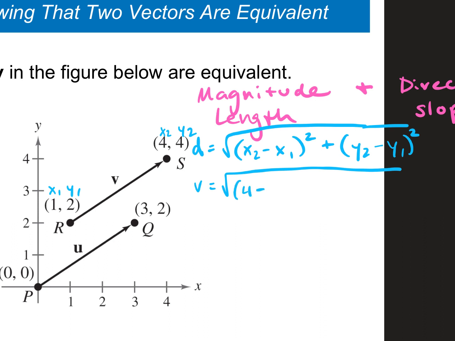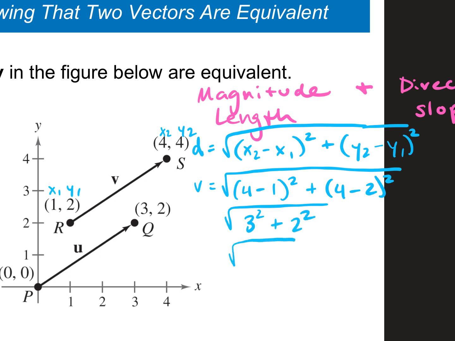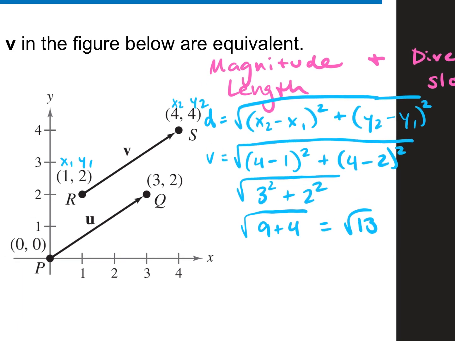So 4 minus 1 squared plus 4 minus 2 squared. So this will be 3 squared plus 2 squared, 9 plus 4, which would be the square root of 13. So the length of vector v is square root 13.